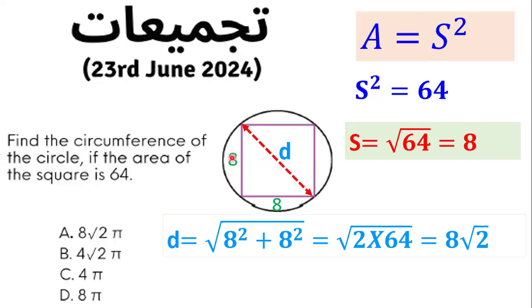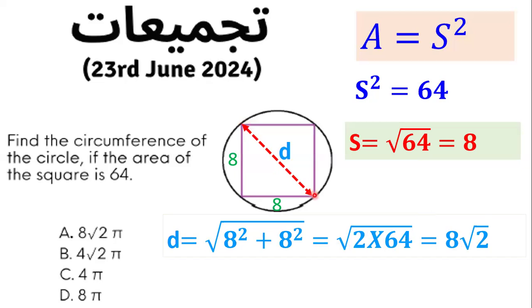Let's apply the Pythagoras theorem now. 8 square plus 8 square equals d square. Now, what about d? D will be the square root of 8 square plus 8 square. So this will be the square root of 2 times 64. Square root of 64 is 8. So 8 square root of 2 will be the diagonal. This diagonal is the diameter of the circle.